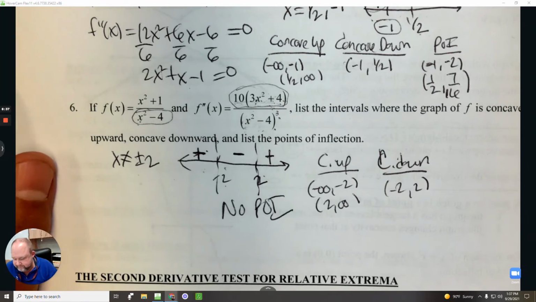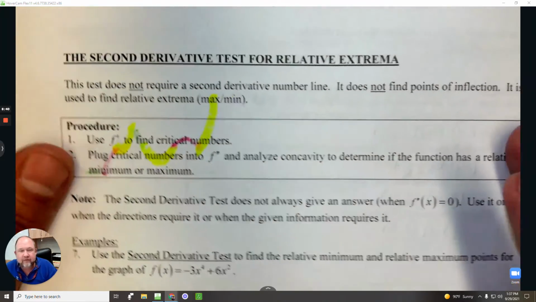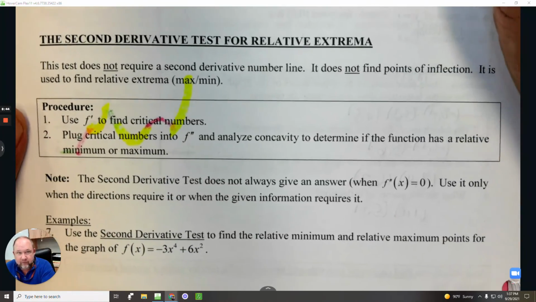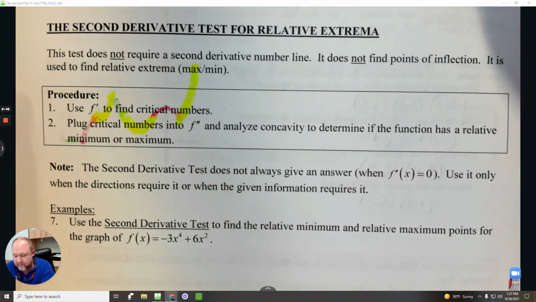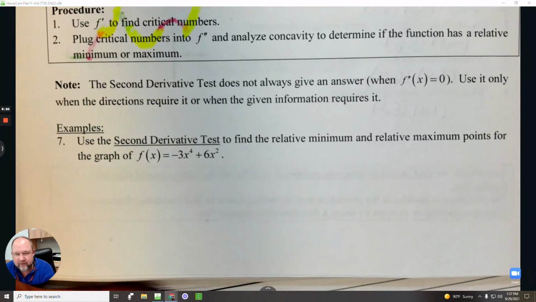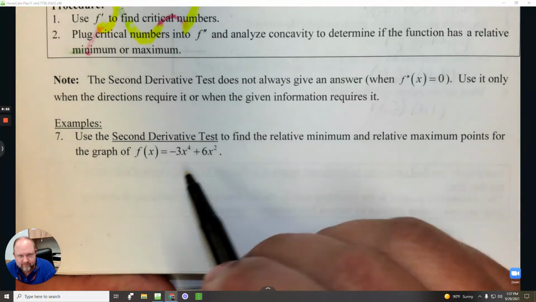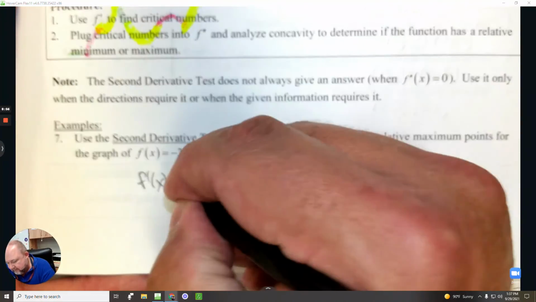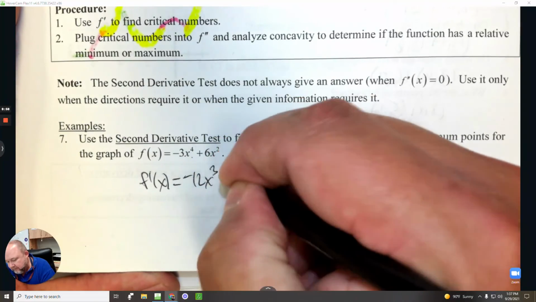All right, number 7. You can use what's called the second derivative test for relative extrema. If I want to find maximums and minimums, there's another way to do it, and that's using the second derivative. Let me show you how that works. I take the derivative and make it equal to 0.